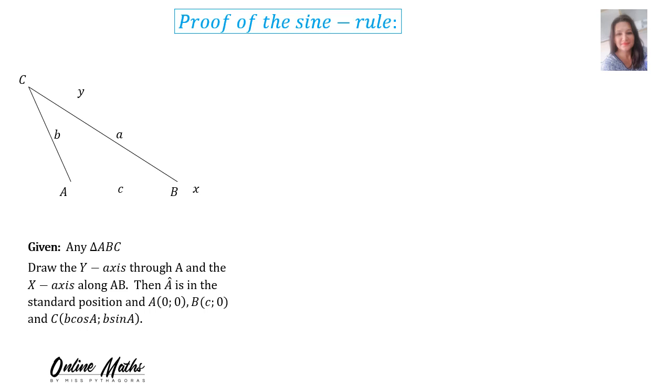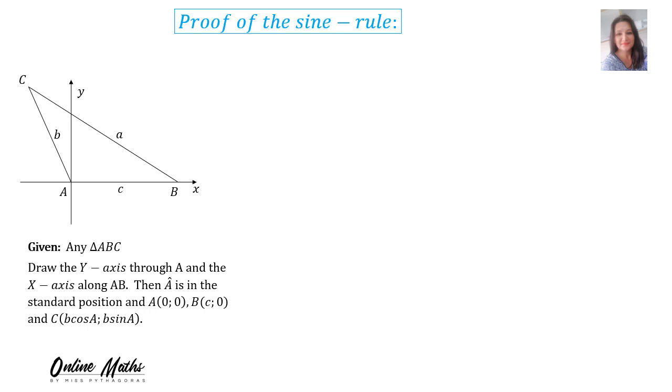Now I'm going to explain the proof of the sine rule. Again, we are working in any triangle ABC, and you need your sketch. And you have to write down the words explaining your sketch, your construction. So you say, draw the y-axis through A and the x-axis along AB.